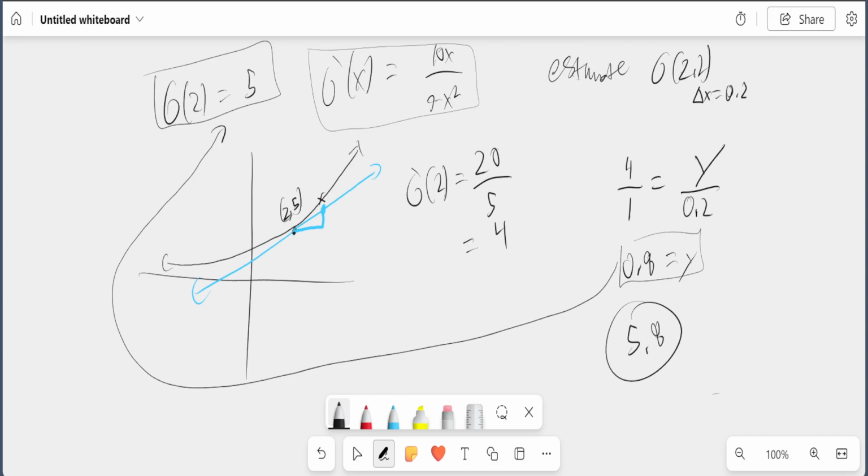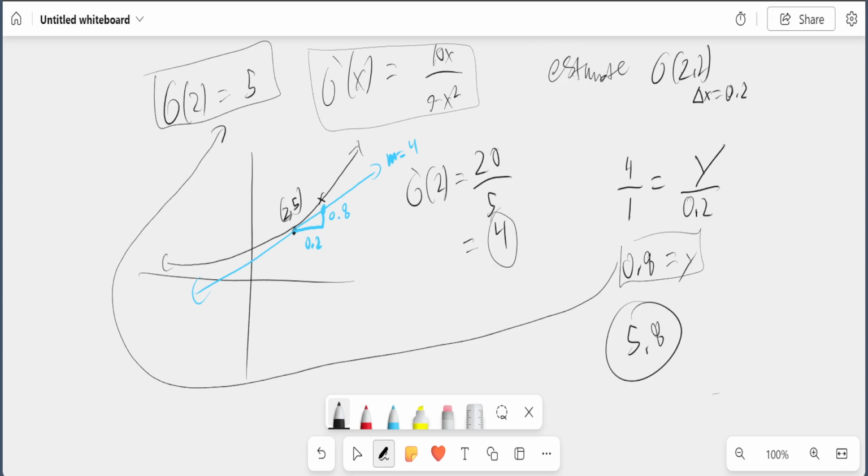Does that make sense? All those steps? This has a slope of 4, but we went out 0.2. 4 is equal to y over 0.2. This was just a little equation I set up because we know the slope at our point is 4, right?